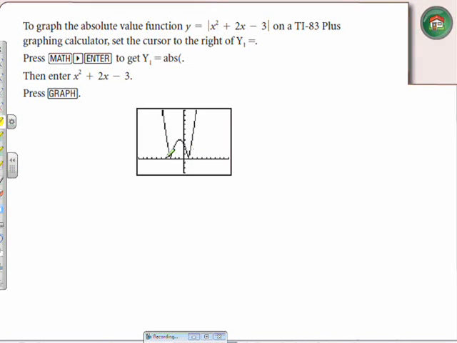We're making sure that we are in a window that we'll be able to see this. You might have to adjust your window, but if you use just the standard window, you'll be able to see it. Okay, so go to your Y1, so hit your Y1 button, and then we're going to enter in your absolute value. Under the math, move over to one side, that's an arrow, move arrow over, hit enter.